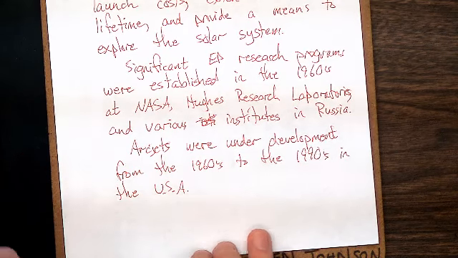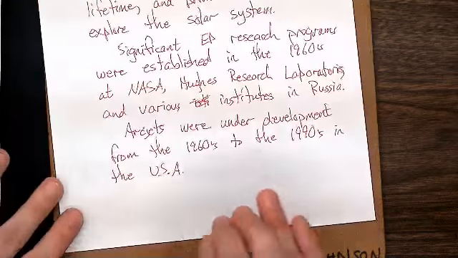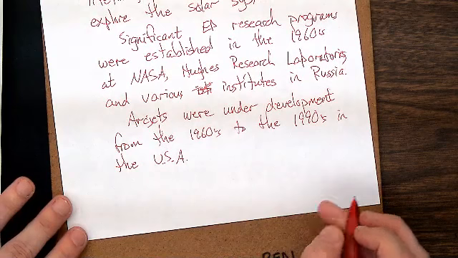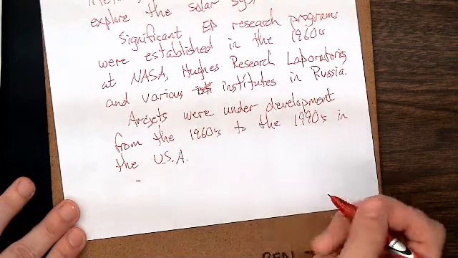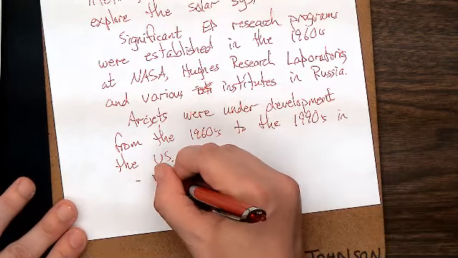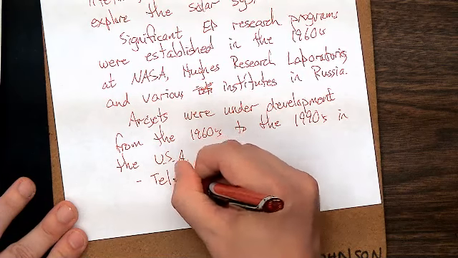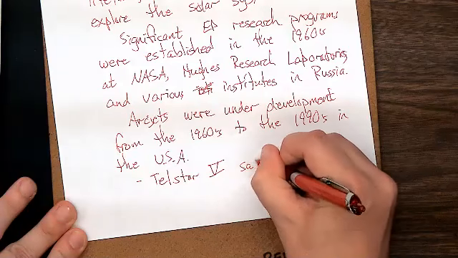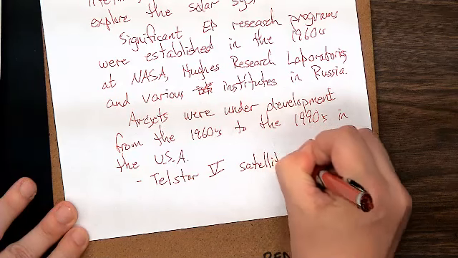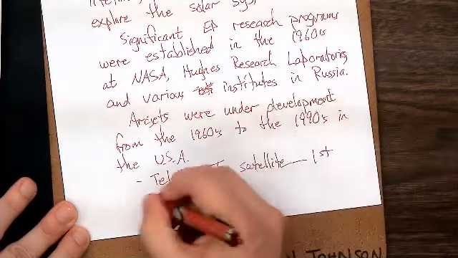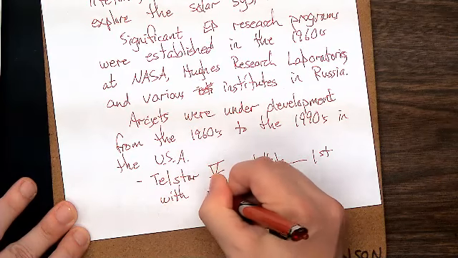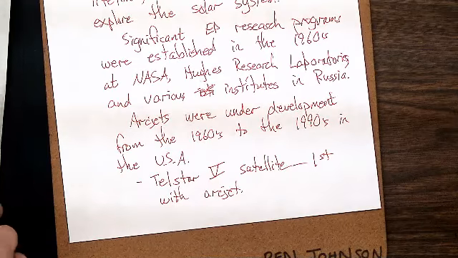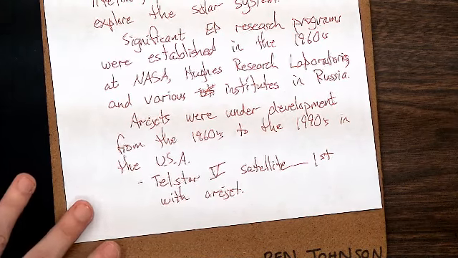Arc jets first saw a launch on a satellite in the 90s, called Telstar 4, and that was a communications satellite.